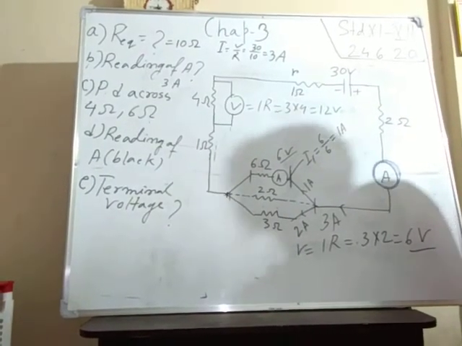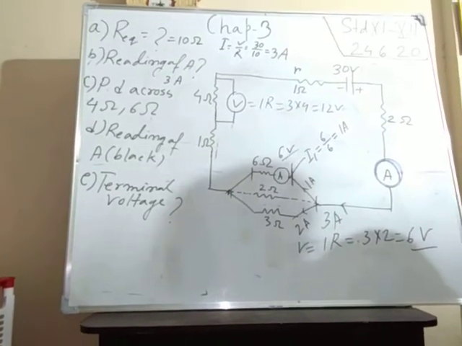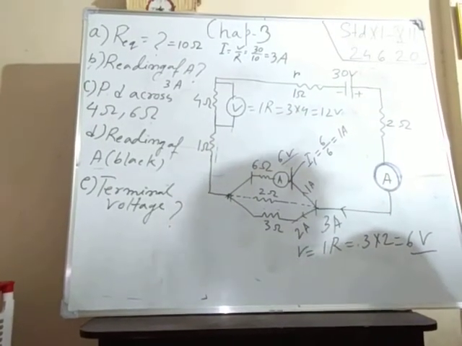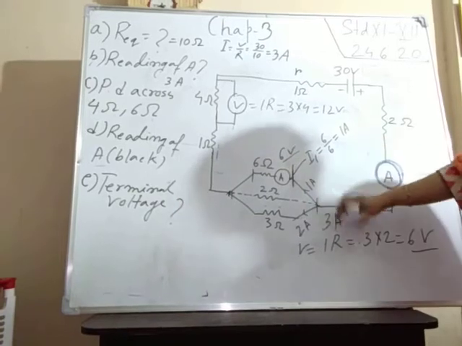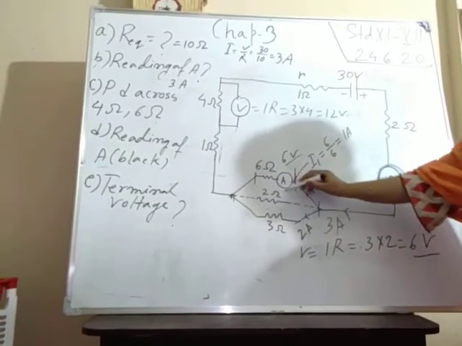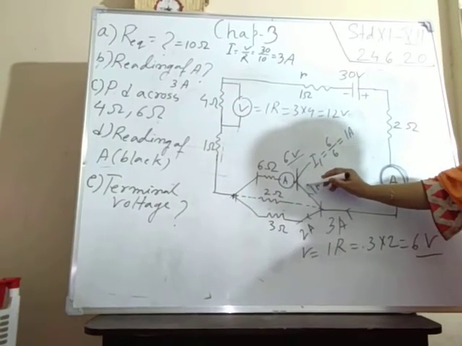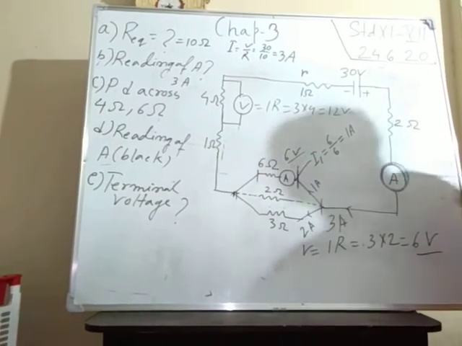Now, the reading of the ammeter that is colored with black, that previously I have found out. That means the reading of this ammeter. So this ammeter will measure the current flow that goes through the 6 ohm resistor.